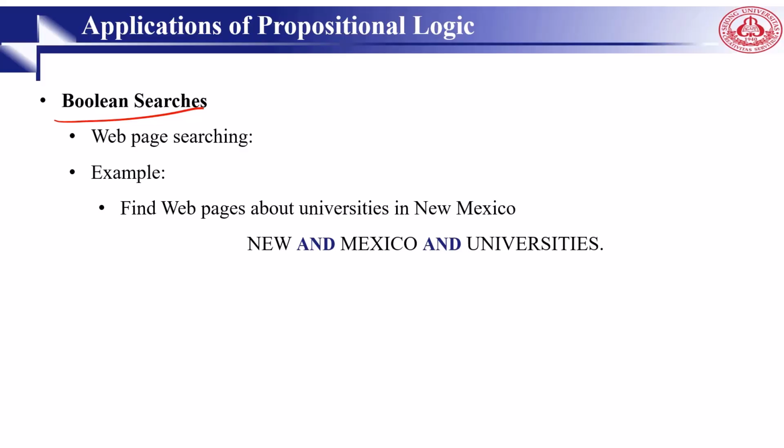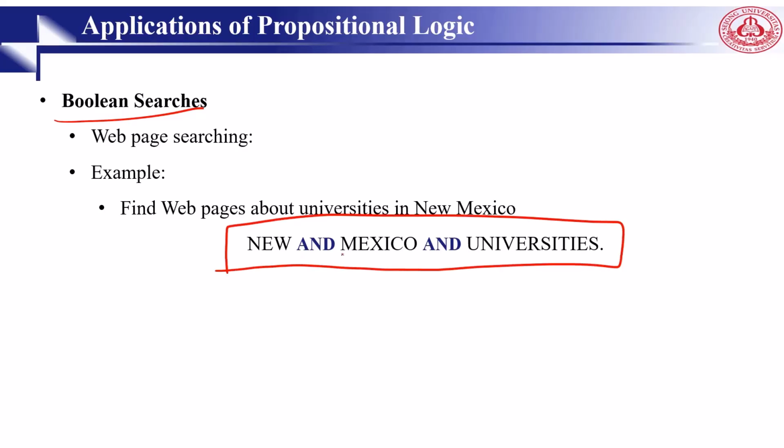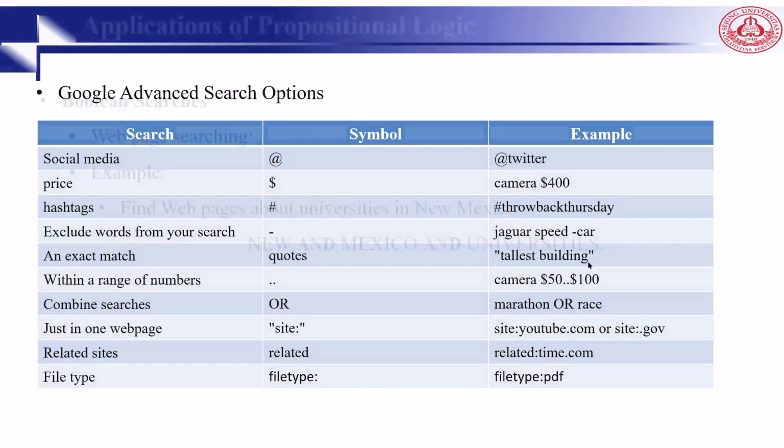So in Boolean search, we may use a connective like AND to match records that contain both of the search terms. For example, when we say New and Mexico and universities, this is a search. This AND is a kind of must. It means New must be there, Mexico must be there, universities must be there, right?